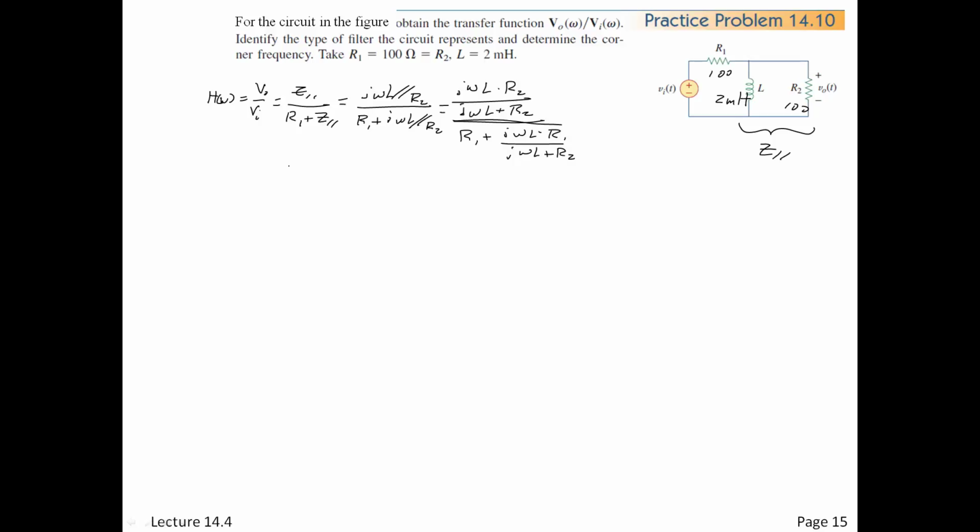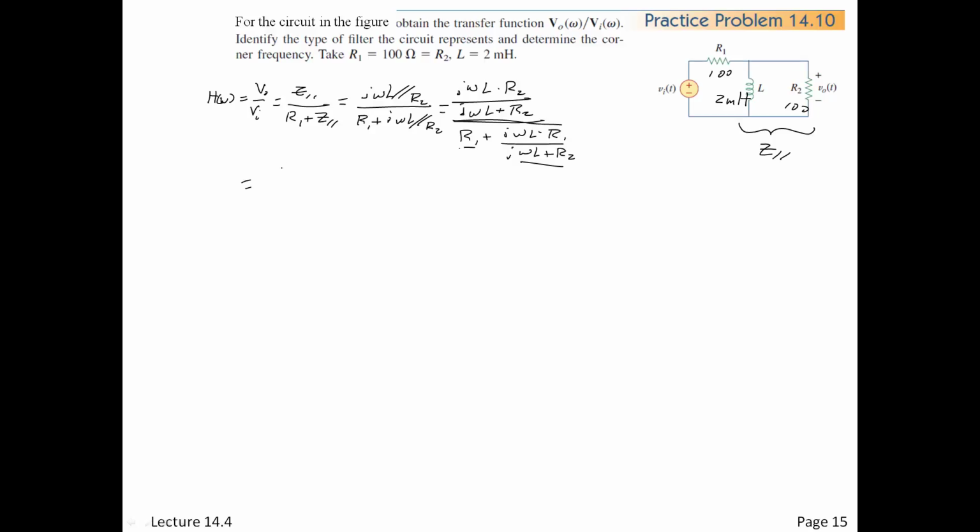Let's see if we can do that. Let's go with this. We've got j omega L. Anticipating things, j omega L R2, j omega L R2. And we're going to have this. If we multiply through by this, we'll have R1 times this denominator, and then it can all cancel out.